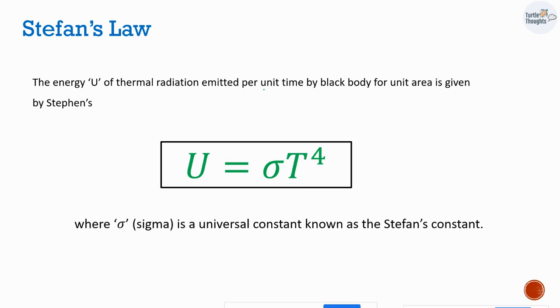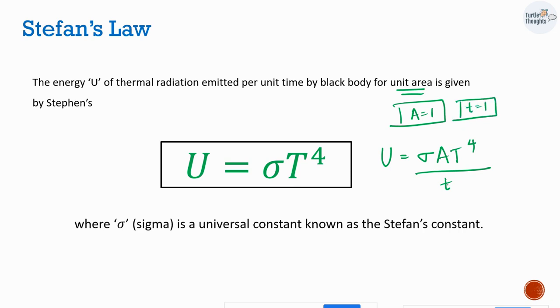Yes. Here it is taken for unit area, meaning that actually this formula is U equals sigma A T raised to the power 4, per unit time divided by t. Actually, this is the formula, but we are taking unit area, so A will be equal to 1. Even t we are taking as unit time.